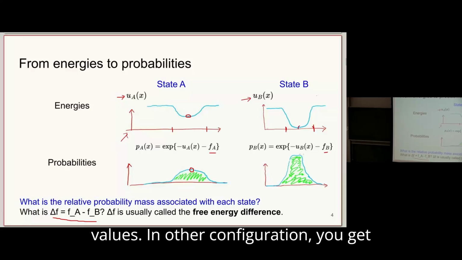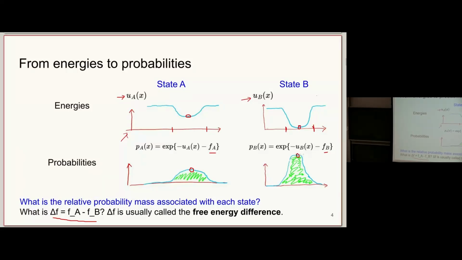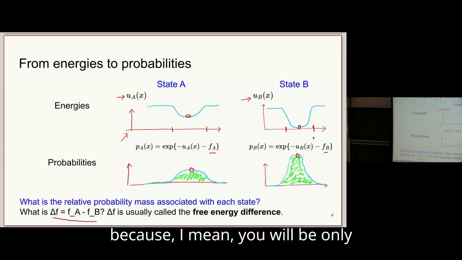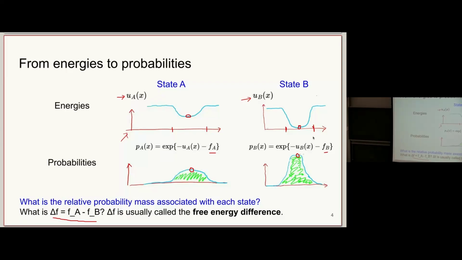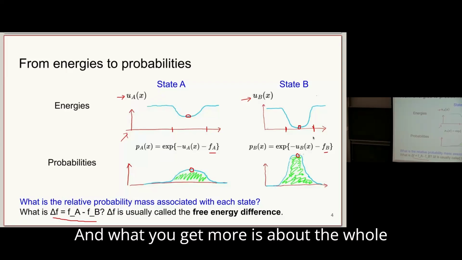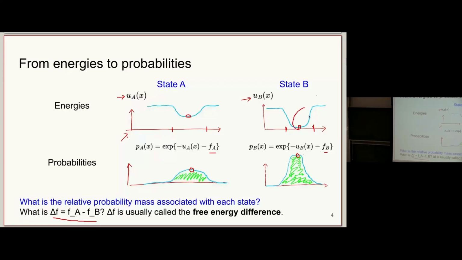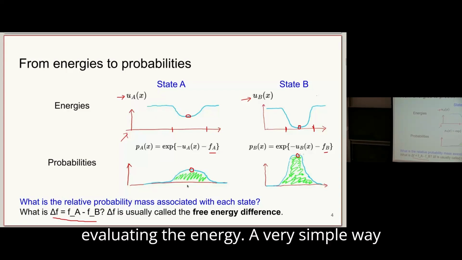In another configuration you get maybe these other energy values. It's hard to know what's going to happen because you will be only evaluating the energy at a particular point. And what you care more about is the whole range of possibilities here. So you need to solve the integral. You need to integrate more than just evaluating the energy.